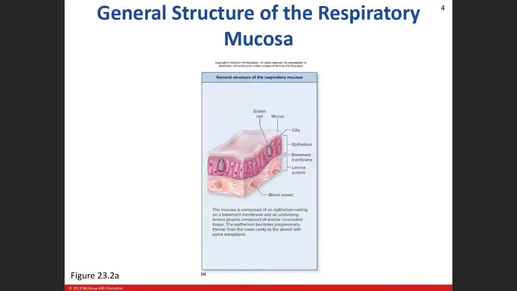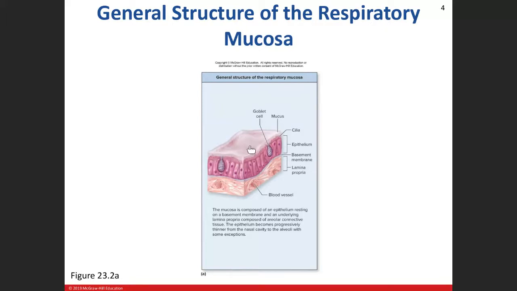Check it out. Here's a portion of the mucosal membrane. Here you can see the lamina propria, the loose connective tissue, with our basement membrane, and then our pseudostratified ciliated columnar epithelium. Here are the cilia up here, and then you have your goblet cells, which are producing the mucin to help make this mucus.